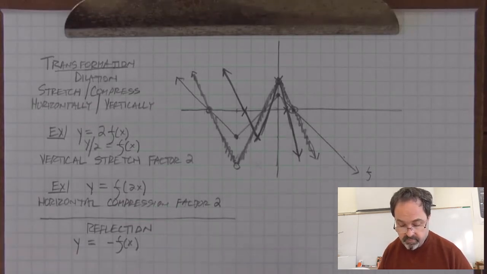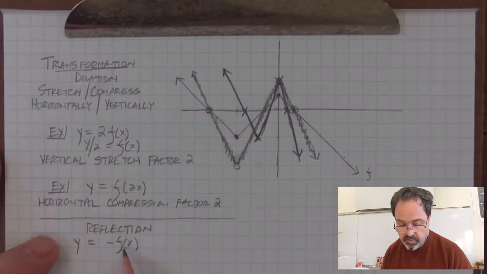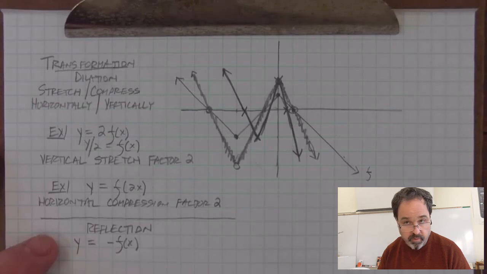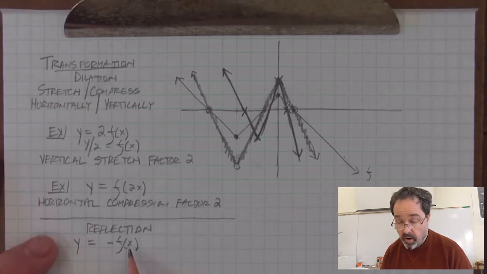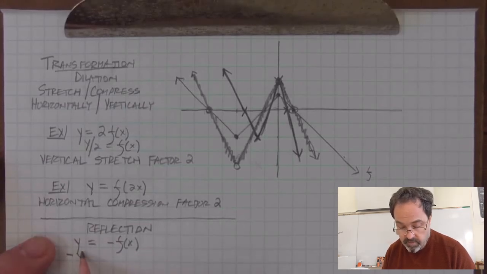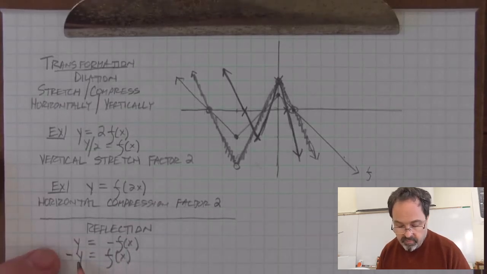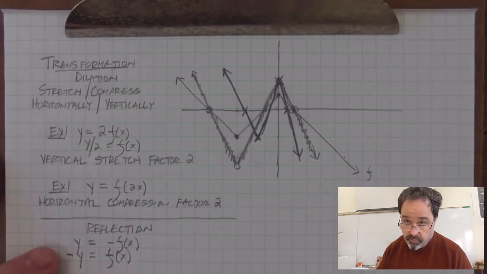Well, which axis? If we're given this equation here, we think we're multiplying by a negative, but what variable? The negative is not grouped with x inside the parentheses. It's affecting the y-axis, the vertical axis. So if we take a step to group it with y, then we can think over what axis are we reflecting by making y negative. It's counterintuitive.